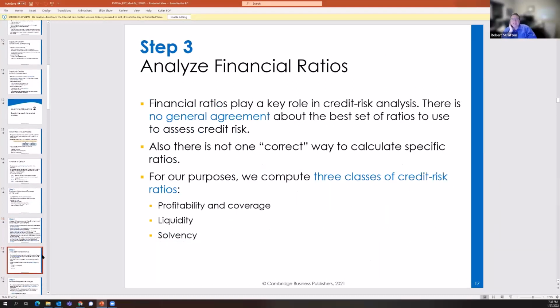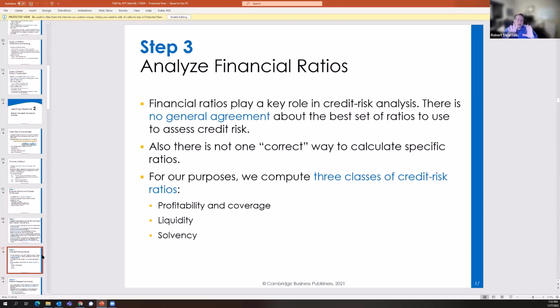Okay, so the next step, after you understand what the money's for and what the existential threats to the borrower's business are, is to analyze the financial ratios, the actual current numbers and the past numbers.